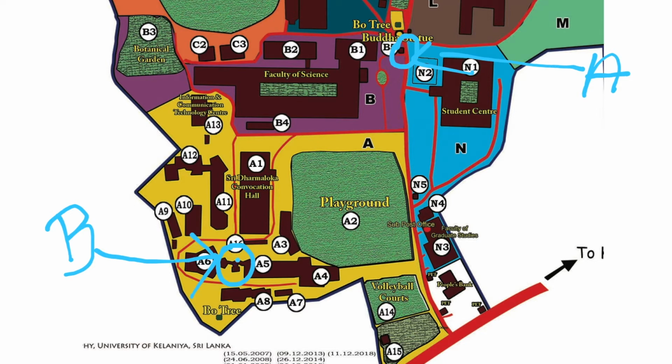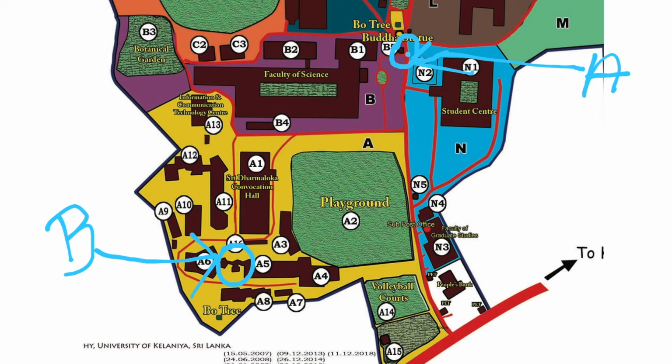So we need to bring our guest from point A to point B. I hope you all are familiar with the science faculty map. Think about it for a minute. You can guide your guest to the Department of Statistics and Computer Science in many different ways. Let's consider one path.